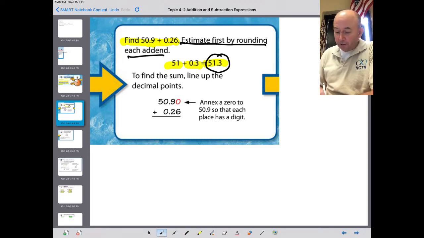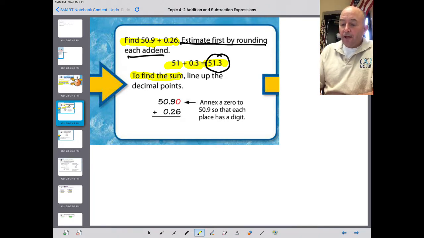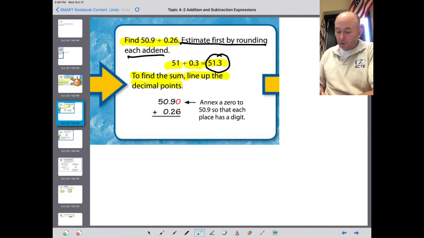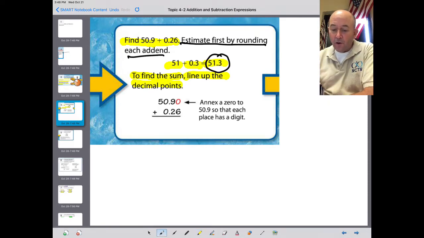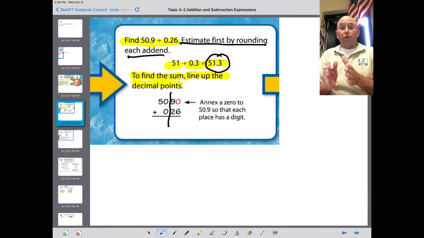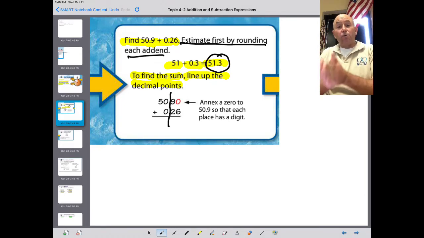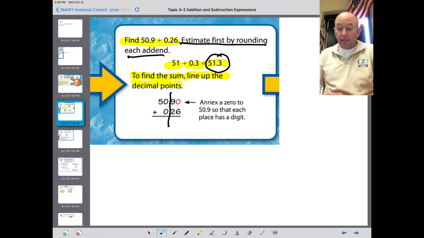Then they go on and review the skills and say, find the sum. Sum means the answer to an addition situation. Line up the decimal point. This is a really important thing: you should always line up your decimal points so that your place values have the correct correspondence. In other words, the hundredths line up with the hundredths, the tenths line up with the tenths, and the ones and the tens all line up as well.